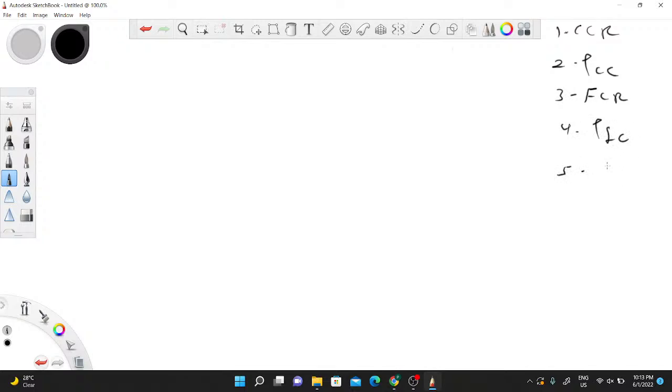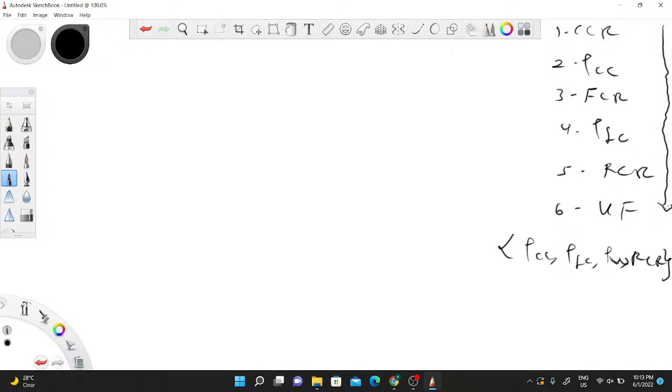Step 5, find RCR. Step 6, find UF using row CC, row FC, row W, and RCR. This should be very helpful to help your mind remember the steps in the zonal cavity method. Right now, if you start, you know what to do.